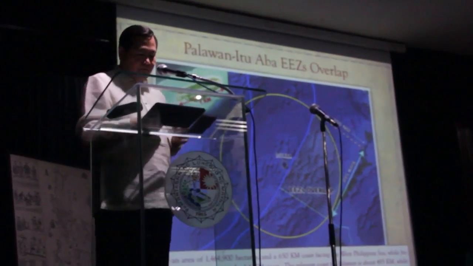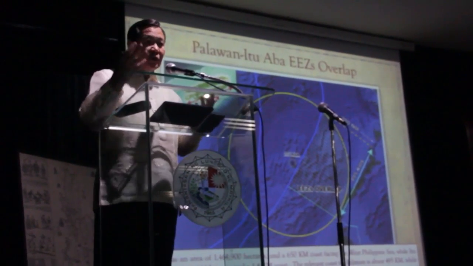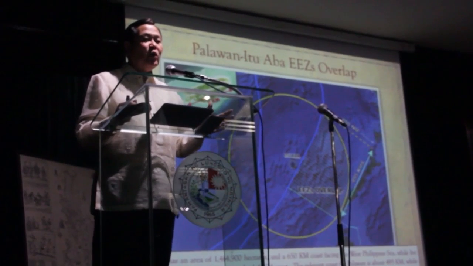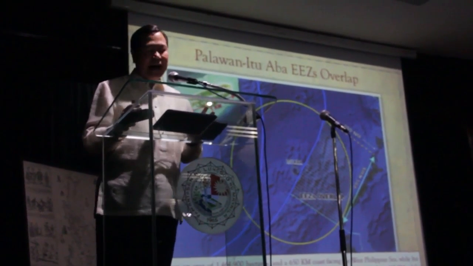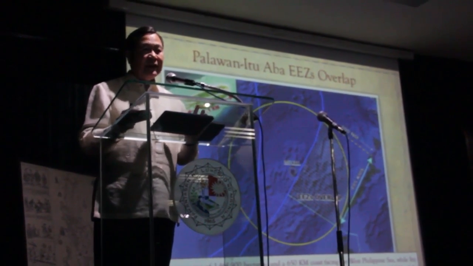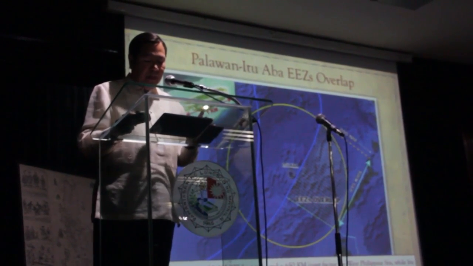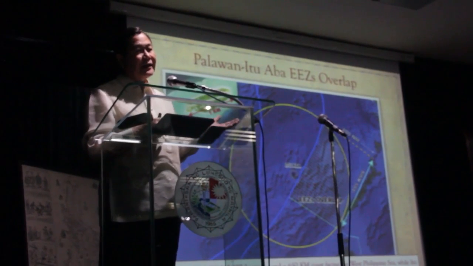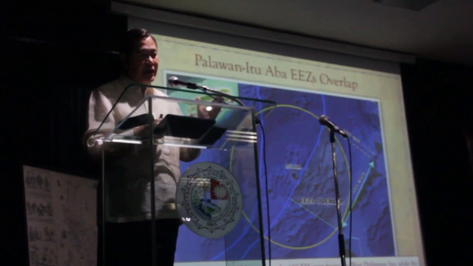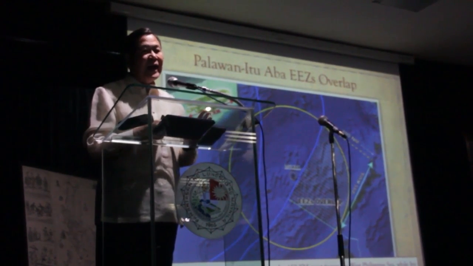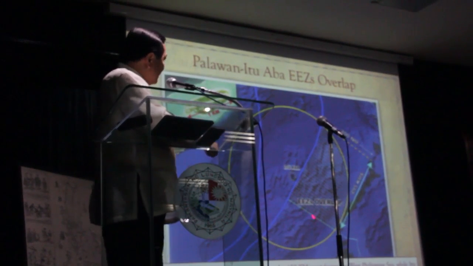In Palawan, the issue is whether Itu Aba, the largest island in the Spratlys, is capable of sustaining human habitation. It is about 46, 47 hectares. And China is claiming it has an exclusive economic zone because Itu Aba is capable of human habitation of its own.